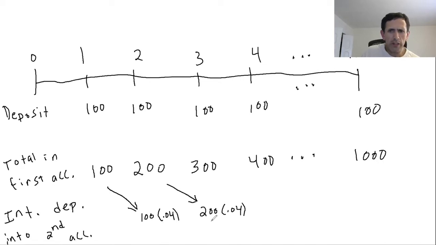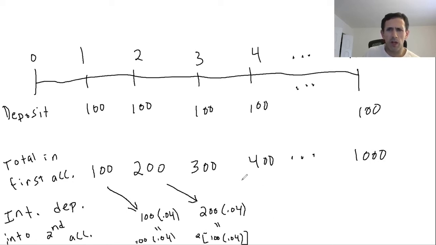I want to write this as 2 times 100 times 0.04. Because this here, well, it's kind of silly to write this, but you don't really have to rewrite this, but this is my P here, and this is 2P.